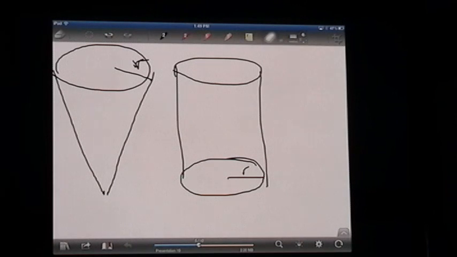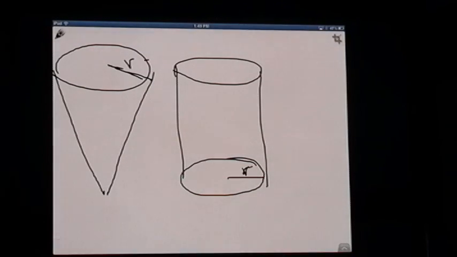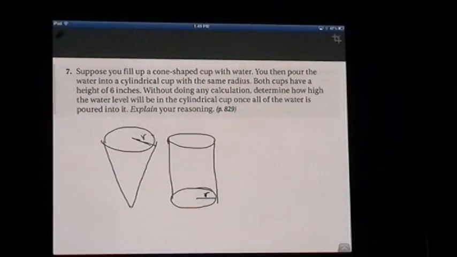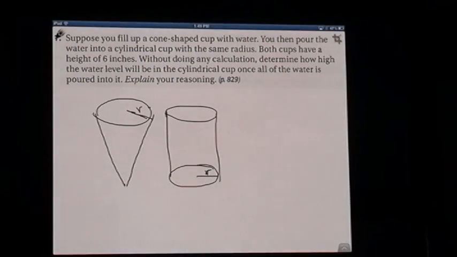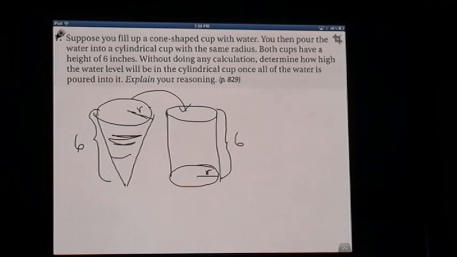Okay, now the question is, you then pour the water from this cone right here into a cylindrical cup with the same radius. Both cups have a height of 6 inches. Without doing any calculation, determine how high the water level will be in the cylindrical cup once all the water is poured into it.